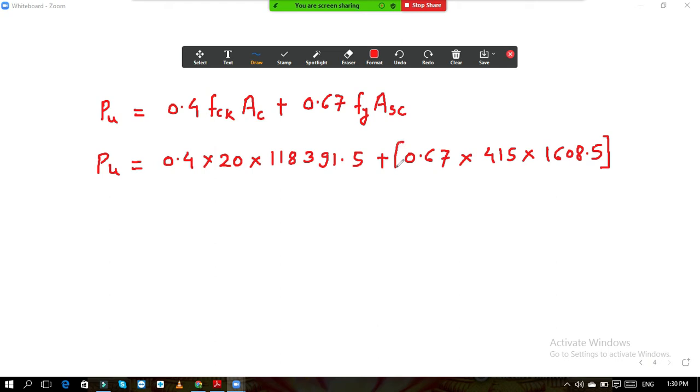These are the values. So solve this problem and let me know the answer.